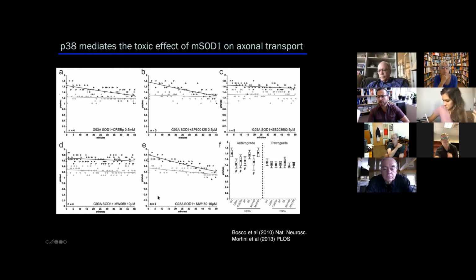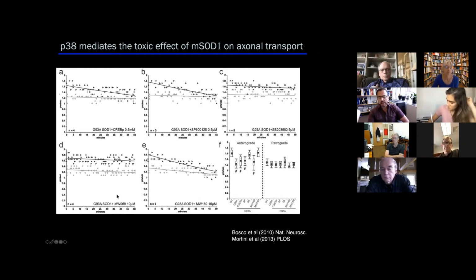But this inhibitor is known as MW069 and now has been refined as MW151. It's a brain permeable P38 inhibitor. And you can see that again, this inhibitor completely blocked the effect.